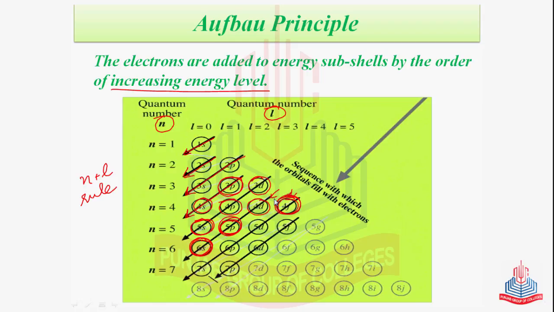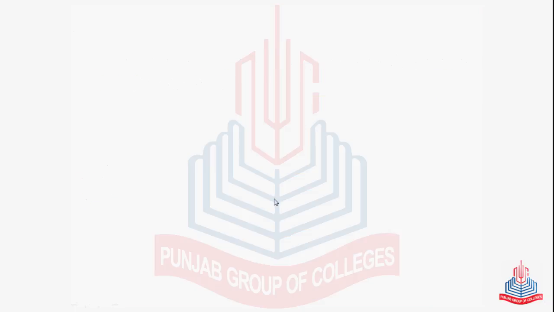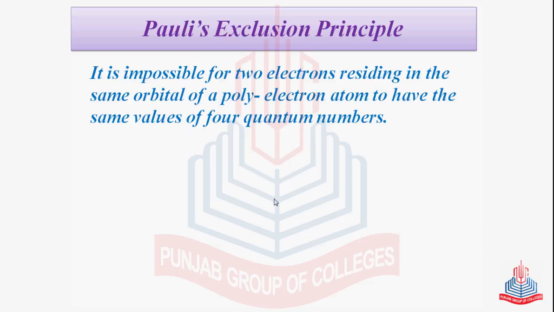Coming to the second principle, that is the Pauli's exclusion principle. According to Pauli's exclusion principle, it is impossible for 2 electrons residing in the same orbital of an atom to have the same values of 4 quantum numbers. इसका आसान अल्फाज में मतलब ये है that the electrons in an orbital must have opposite spin.